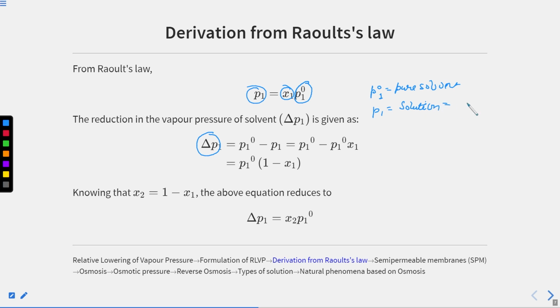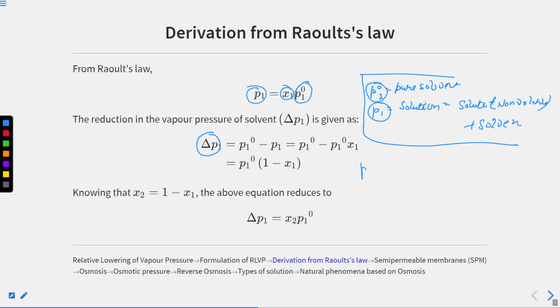The solution is made up of solute, which is non-volatile in nature, plus solvent. If you want to see the change in vapor pressure, initially we have only the solvent, upon addition we have the solution, so it would be final minus initial. We can do the opposite also, since we are interested in finding the magnitude only.